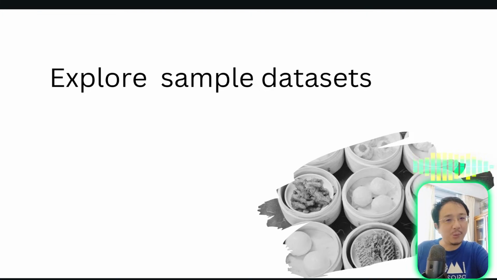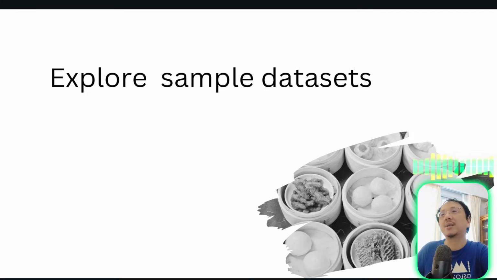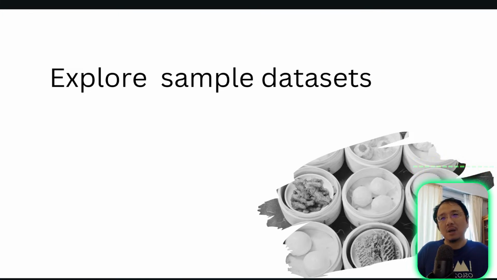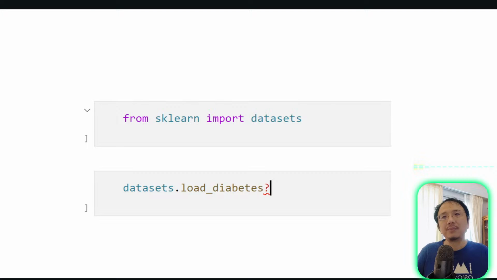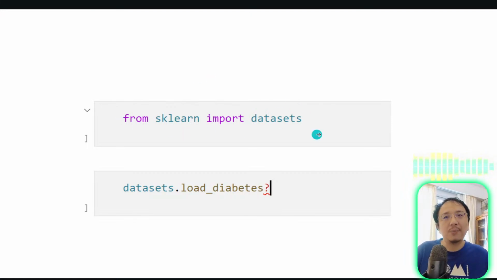They are ready for use with the Scikit-learn pattern. So let's explore one of the sample datasets. You can run from Scikit-learn import datasets, and let's load the diabetes dataset.